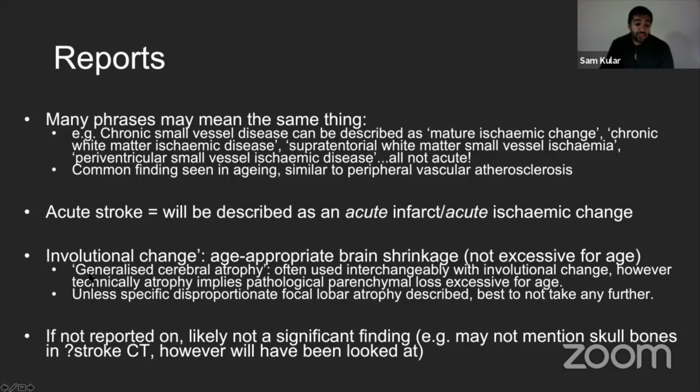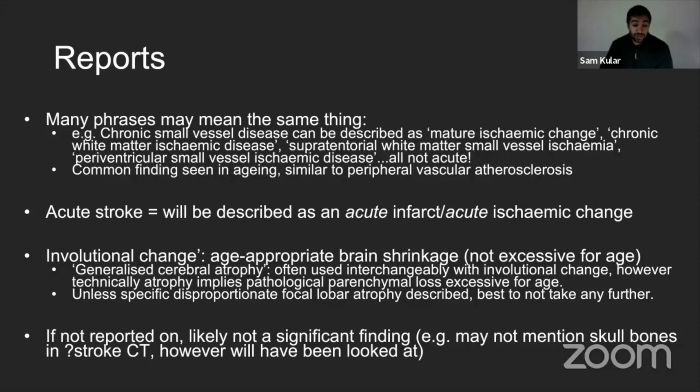If we see the words generalized cerebral atrophy, often that can be used interchangeably with involutional change. However, technically it shouldn't be, because atrophy implies pathological loss of brain parenchyma, but often reports mention generalized cerebral atrophy when they're referring to an age-expected rate of parenchymal loss.